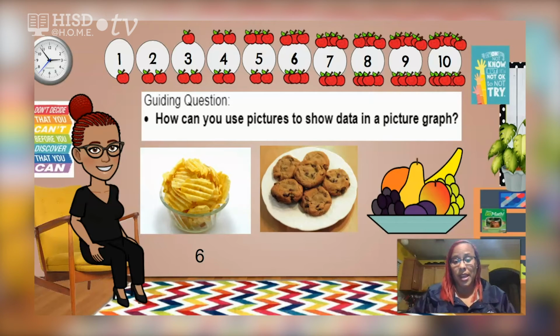Six of the students said potato chips was their favorite snack.